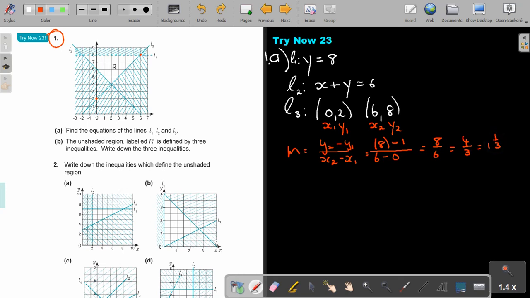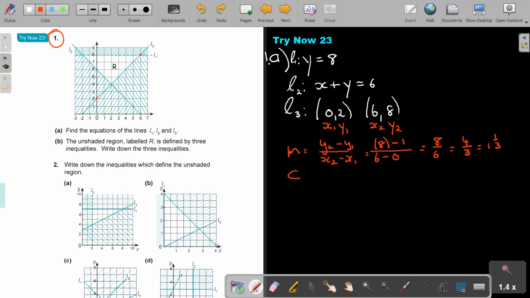Then for the next one, I will quickly do that substitution, or I just look where it cuts the y-axis. I'm just checking something quickly. Where is it cutting the y-axis? It's cutting the y-axis at 2.